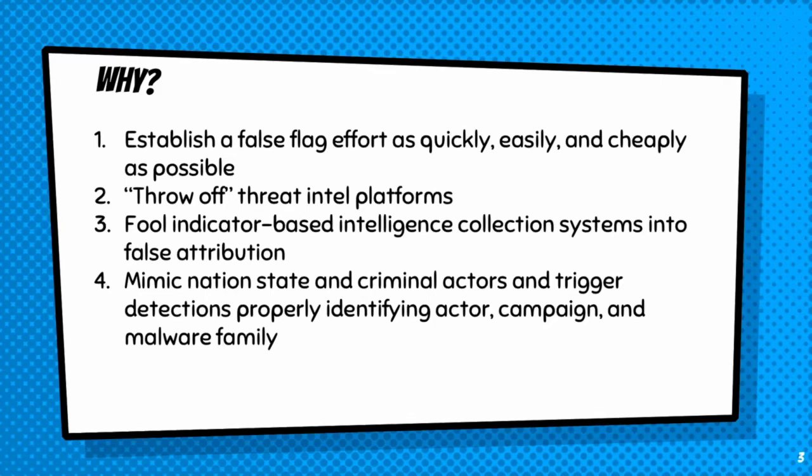And then I wanted to trigger detections based on the identifying features. So whatever indicators I can mimic, I wanted those particular detections to properly fire and to show back, hey, this is actor group APT23 or whatever actor group I'm trying to mimic. So that's the 4 reasons as to why I developed and came up with this research concept. And I'll get into much more detail here shortly about that.